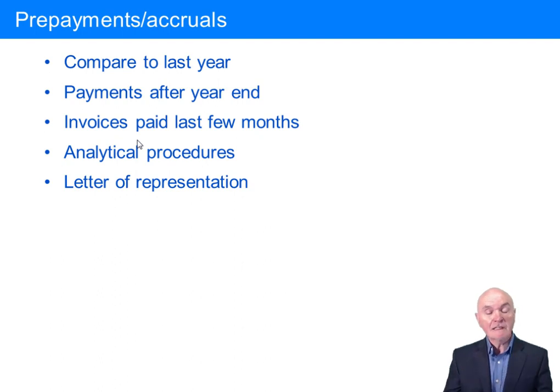The wording is set out by the auditors, but it is written on the company note paper and is written from the directors to the auditors. It makes representations such as all liabilities that we know about have been included. We will come on and see more detail about this letter of representation later.